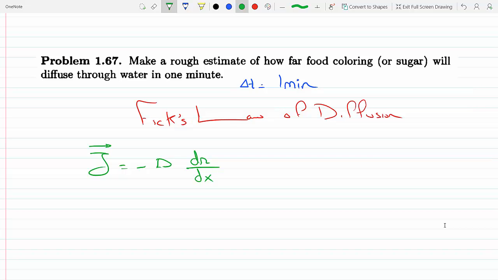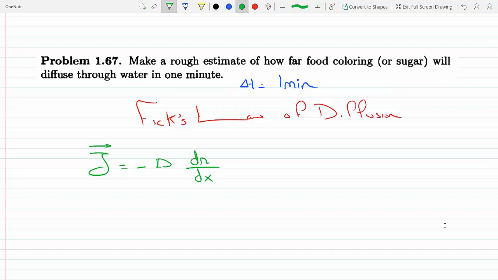That makes sense, because as the concentration of the particle increases along an infinitesimal distance, the flux will tend to drive the particles away from that location even more, times some constant, which is D, the diffusion coefficient.